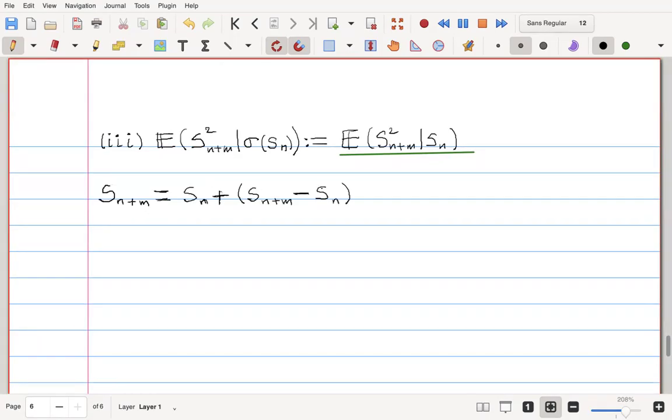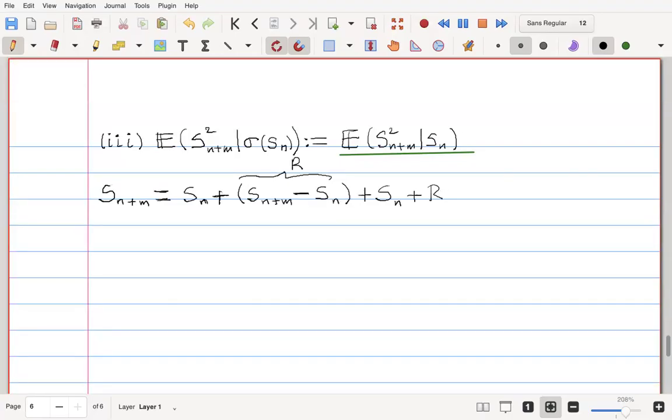Actually, we add and subtract Sn, and this is an increment. Okay, let's put it that way. So we can say that this is Sn plus r, where r is this quantity, right?